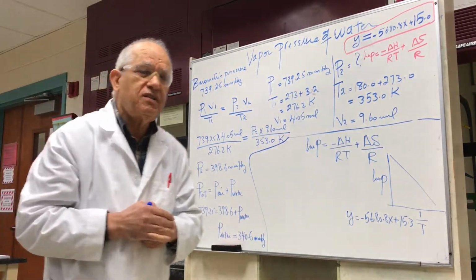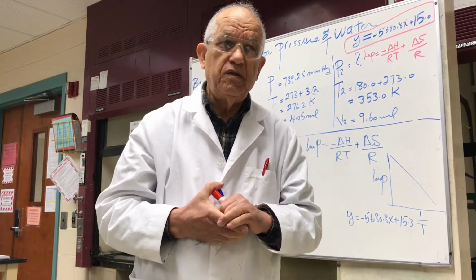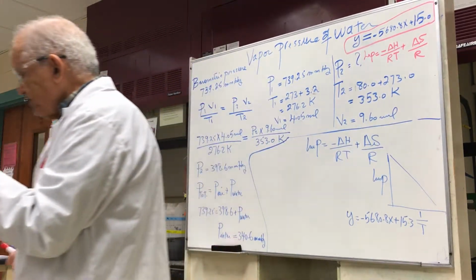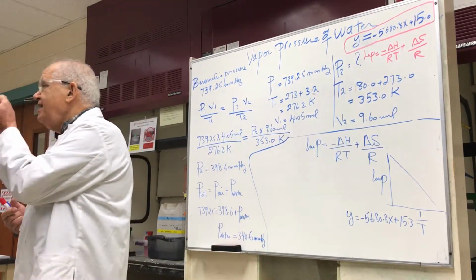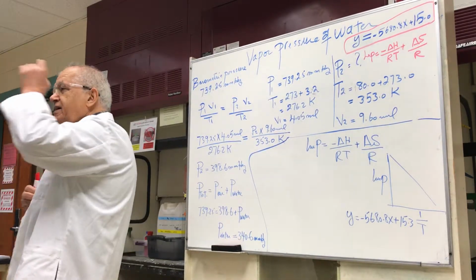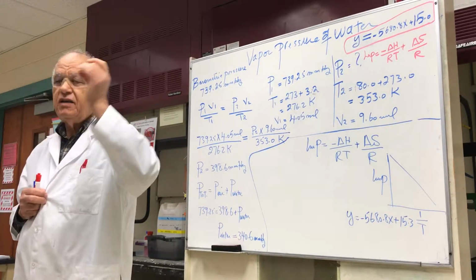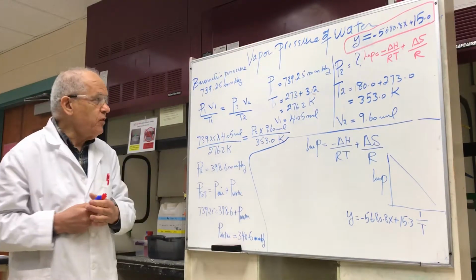Below 5 degrees centigrade, the vapor pressure of water is negligible or zero. So we want to find a way to measure the vapor pressure of water at 80 degrees, 75, 70, 65, 60. How are we going to do it?